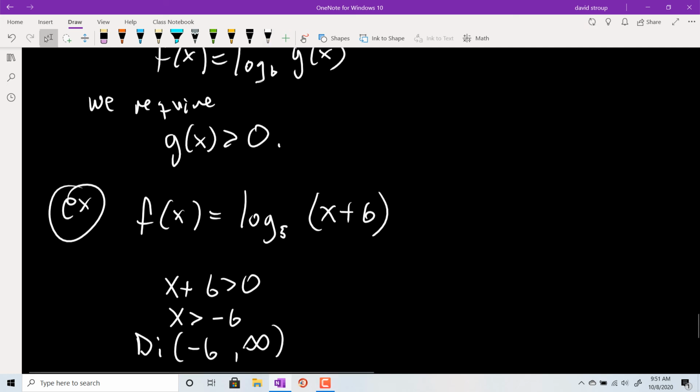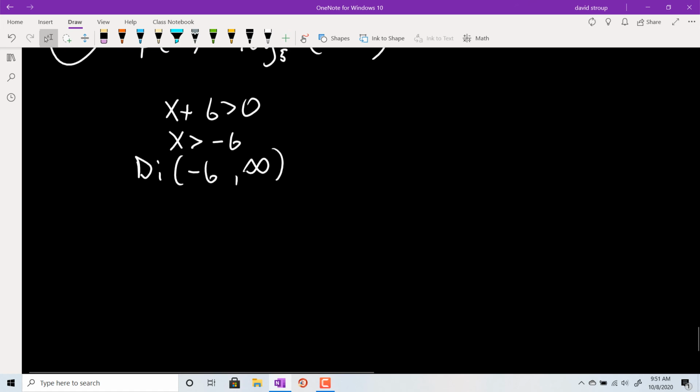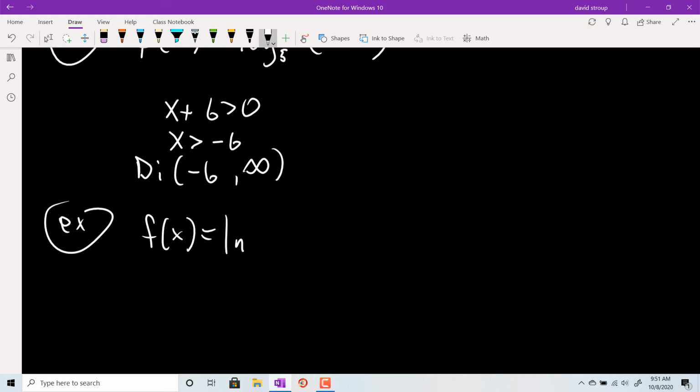A little harder one is something like this. f of x equals the ln of (x minus 7) squared. Again, I need to make sure that (x minus 7) squared is greater than 0.